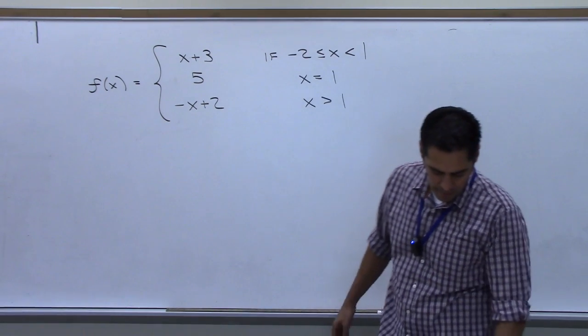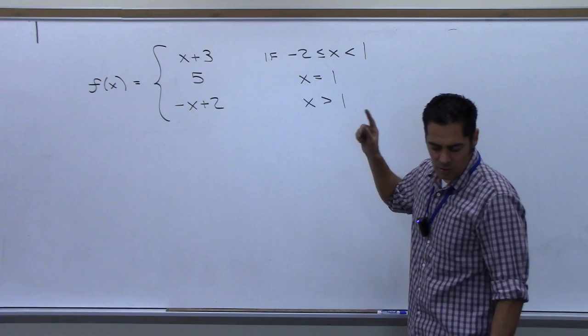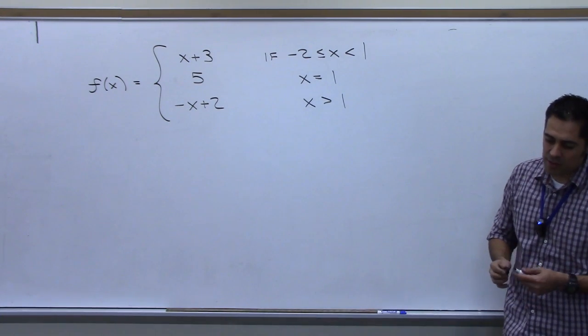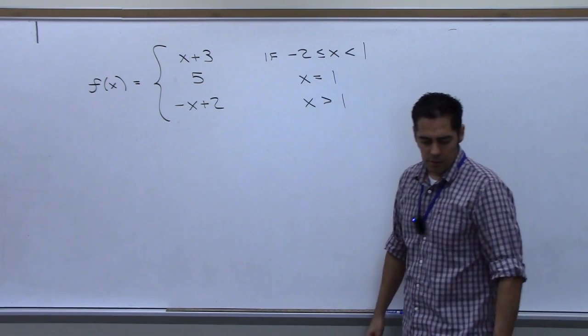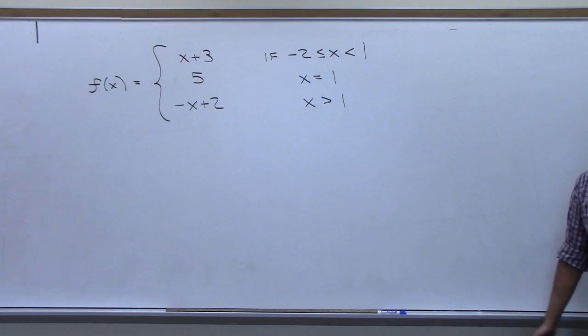It's asking you for a lot. Find the domain, based on the graph find the range, locate any intercepts. Is the function continuous? Graph it. I'm going to start with a graph, all right?